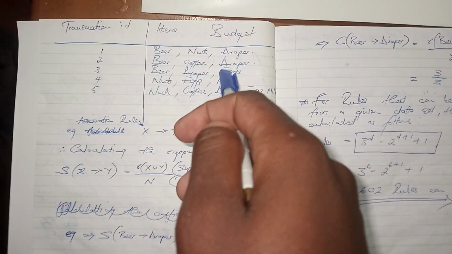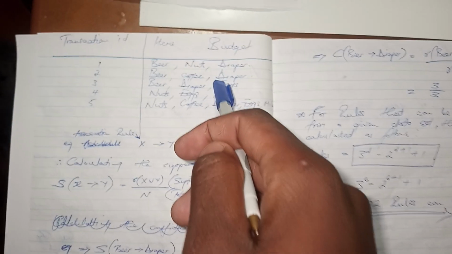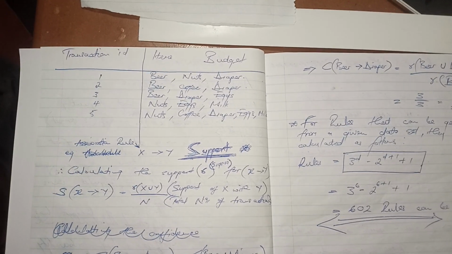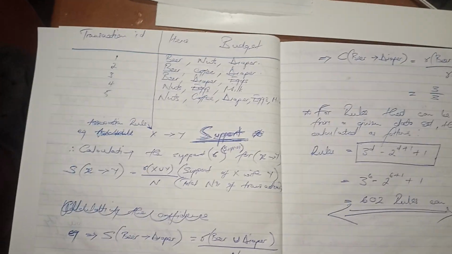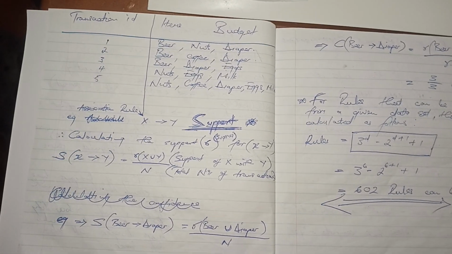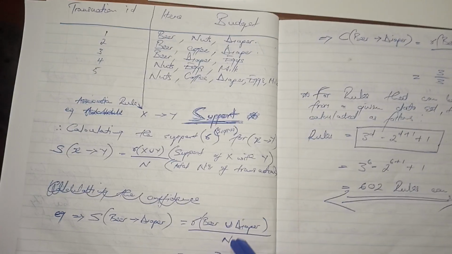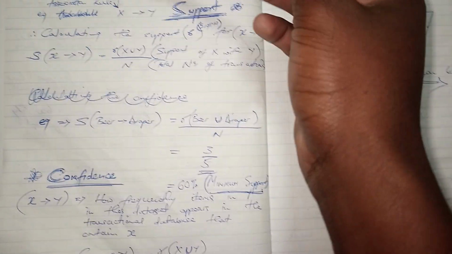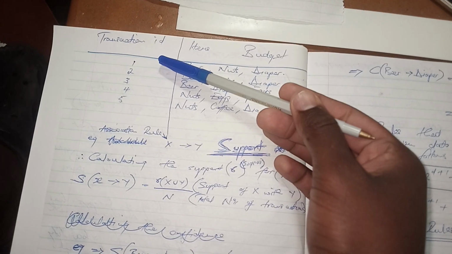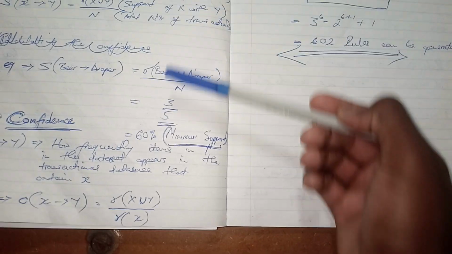We only consider where there is beer and diapers in the same trolley. So the support of beer with diapers is 3. The number of transactions is 5, transaction 1 up to 5. So the support of beer to diapers is 3 over 5.